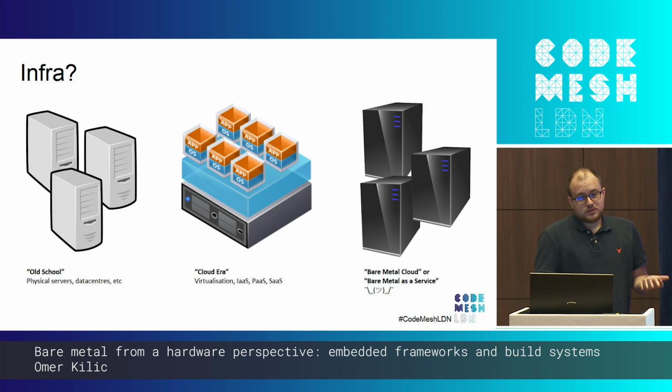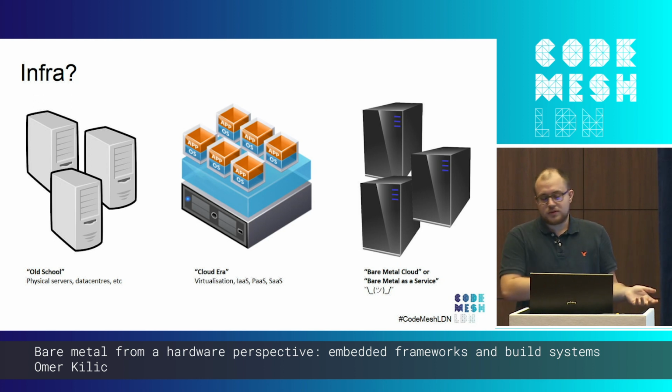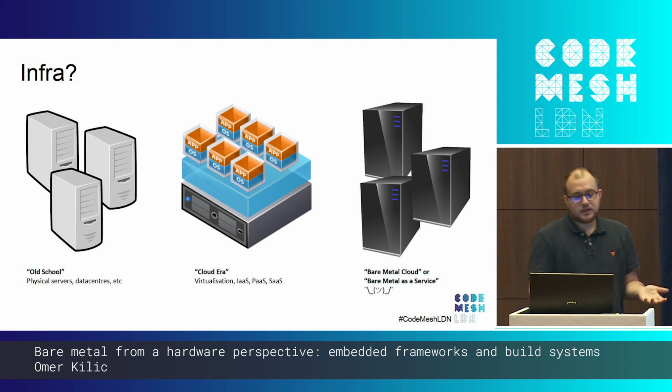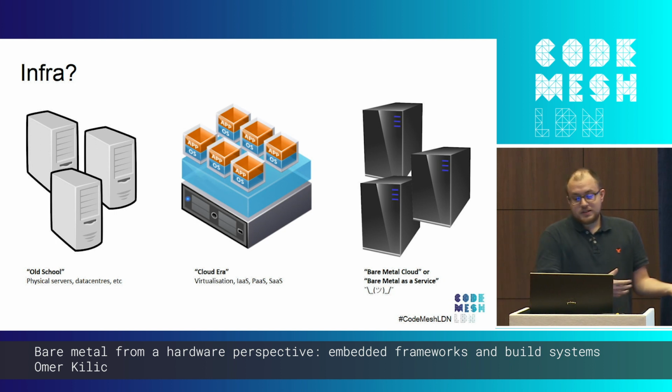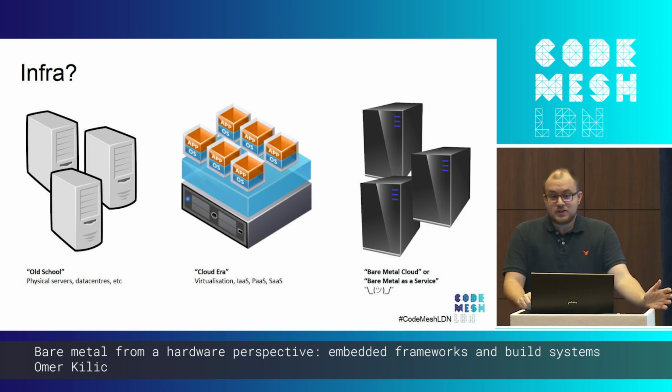It turns out that with the whole turtle scenario, thanks to containers and Kubernetes and all that stuff, we now call dedicated servers bare metal cloud. From what I can tell, dedicated servers with a nice provisioning API are now bare metal as a service. So again, marketing is kind of winning there.